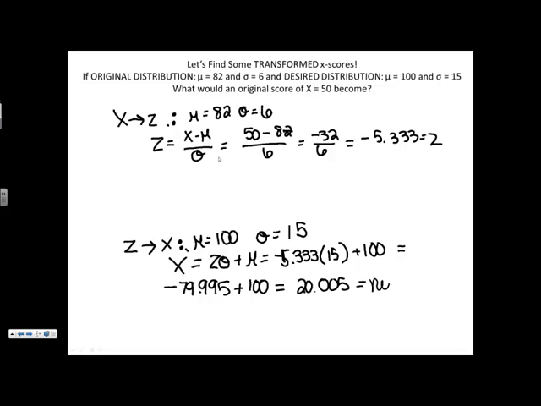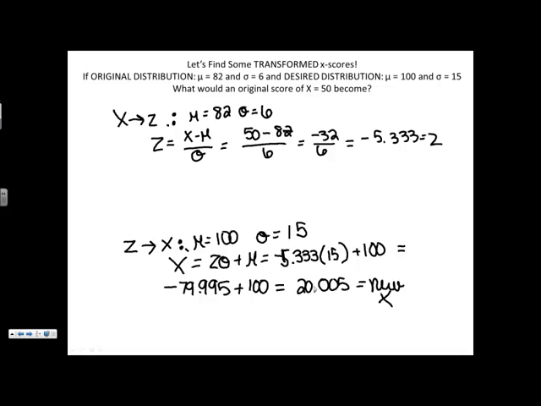That is the new x value. So if we converted a score of 50 on this distribution to this distribution, the equivalent score would be a 20.005 on the IQ test.